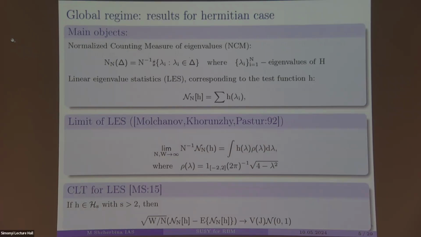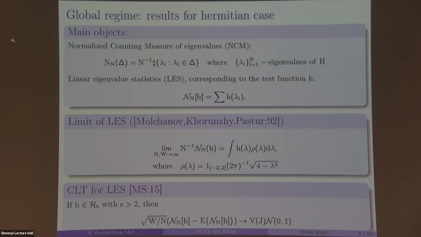Okay, now let me give a few definitions of the so-called global regime. Because if you have any random matrix, the first thing you are interested in is the behavior of its eigenvalues, the distribution of its eigenvalues, here lambda_i. The first characteristic, and maybe one of the most important, is the so-called normalized counting measure for eigenvalues.